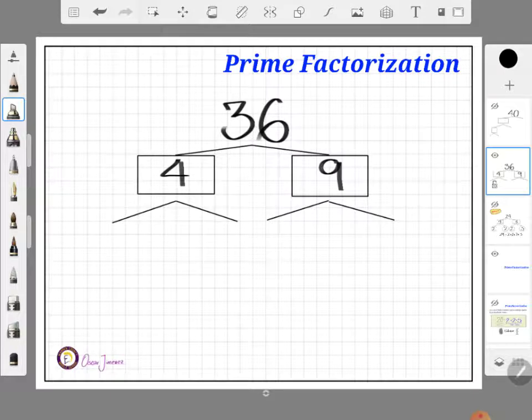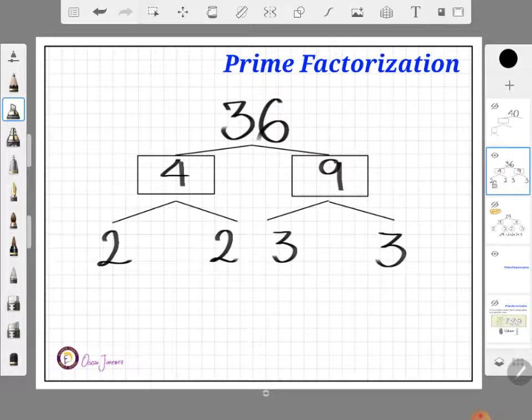Now, once again, we will finish just when we have prime numbers, prime factors. In this case, 4 and 9 are factors of 36, but these numbers are not prime numbers, okay? So I need to continue finding the factors. I'm going to write here 2 times 2, because 2 times 2 is 4. And for the number 9, I'm going to use 3 and 3, because 3 times 3 will be 9.